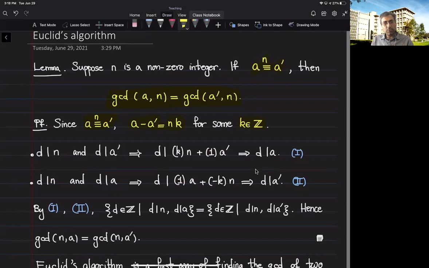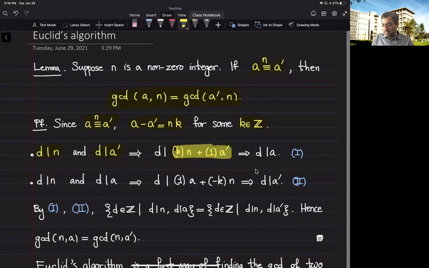Let's start with a common divisor of n and A prime, and I am going to show that it is a common divisor of n and A. So suppose d divides n, d divides A prime, then we know d divides every integer linear combination of n and A prime. In particular, it divides k times n plus 1 times A prime.